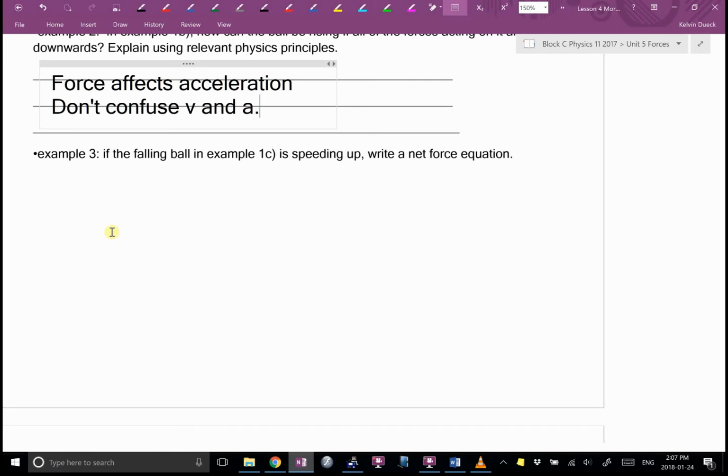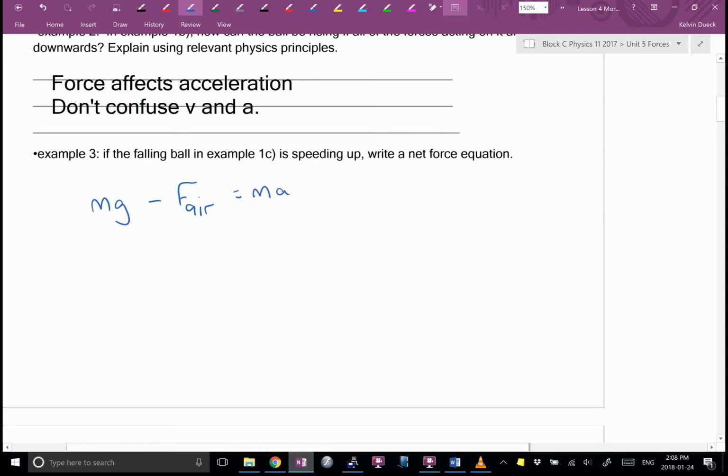Who's losing? Is air resistance in the opposite direction in C? Yeah, so it's going to look like this: mg minus F air. What does winner minus loser always equal?